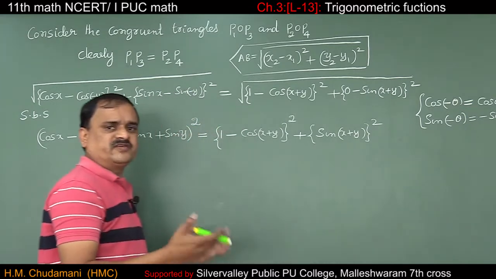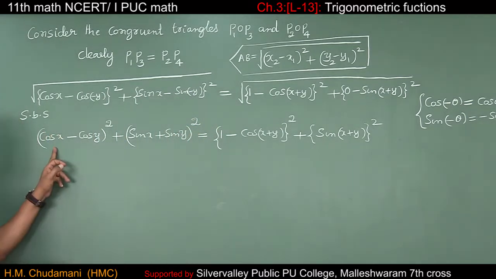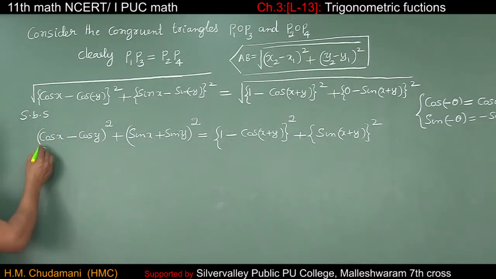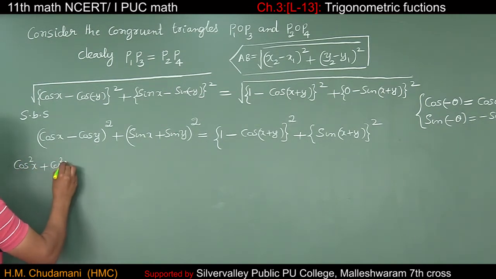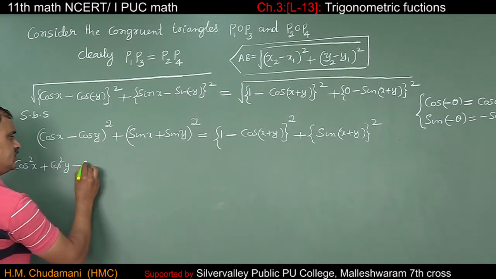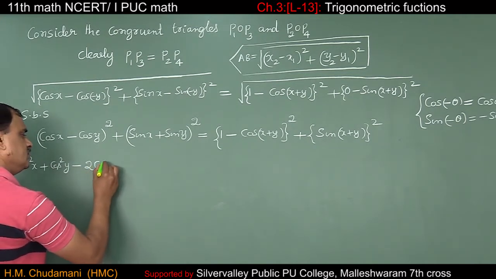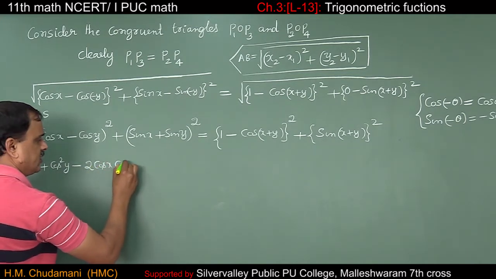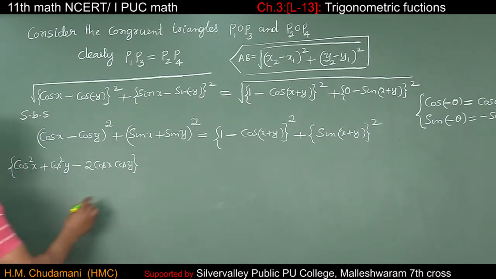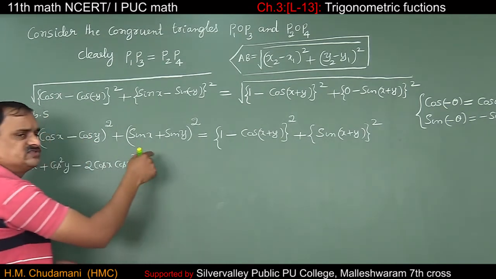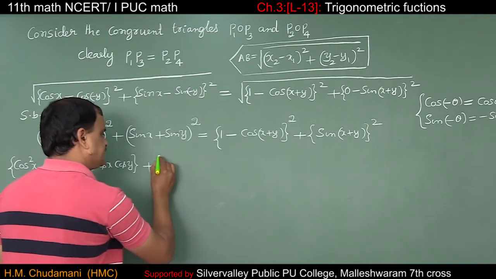Minus into minus is plus, so it becomes a minus b whole square. Expand this one: cos square x plus cos square y minus 2 cos x into cos y, plus a plus b whole square formula you expand.